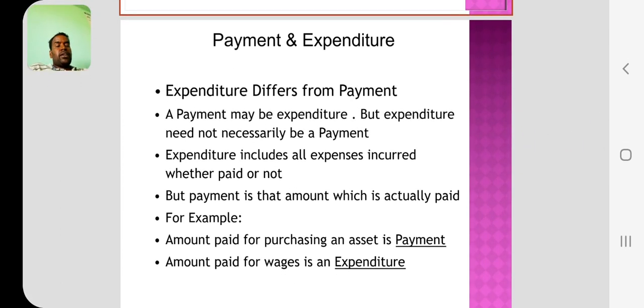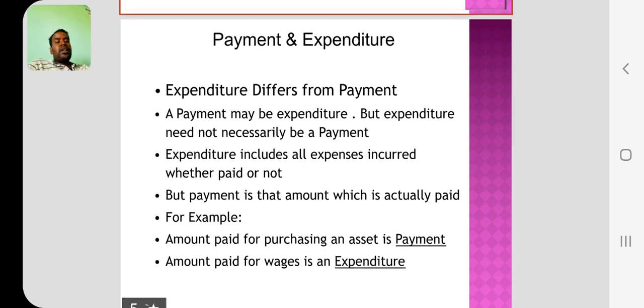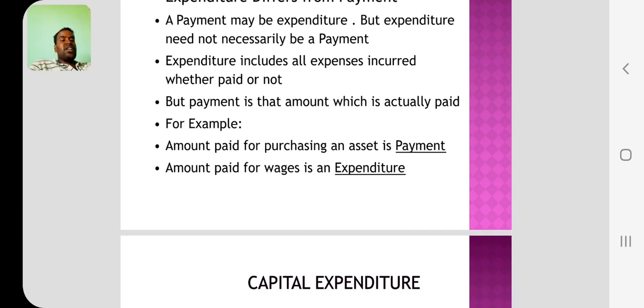Expenditure differs from payment. A payment may be expenditure, but expenditure need not necessarily be a payment. Expenditure includes all expenses, whether paid or not. But payment is that amount which is actually paid.